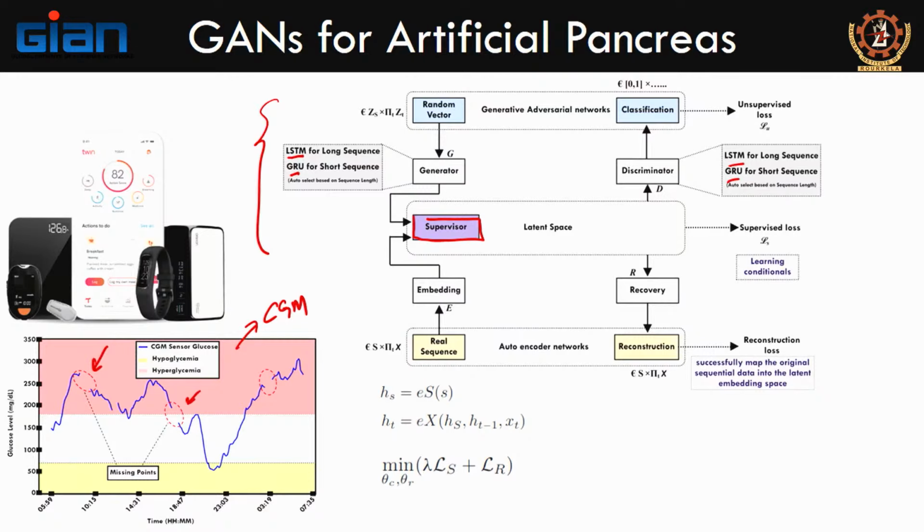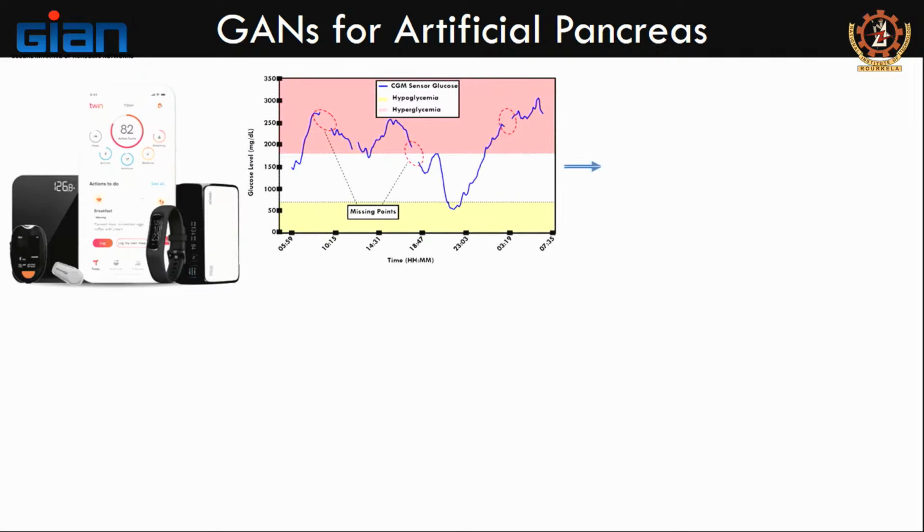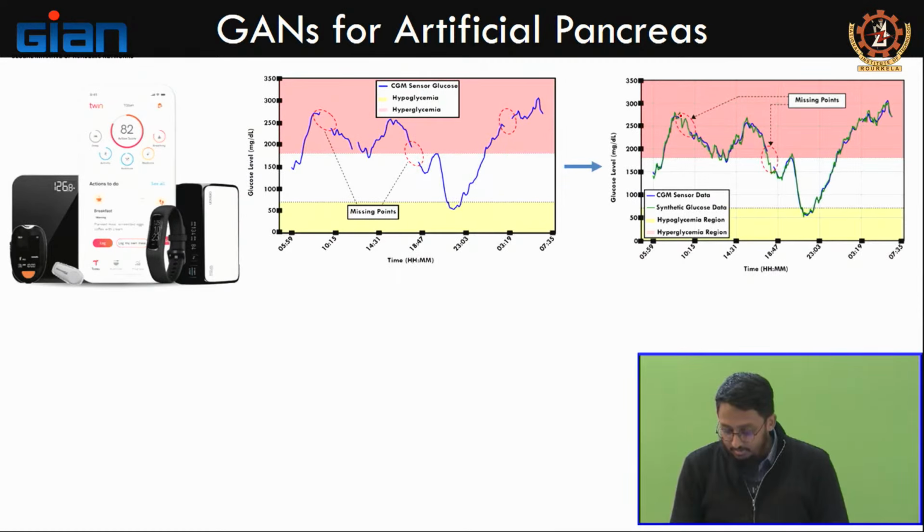So by using a combination of these two and tying it to the number of points that are supposed to be generated, we were able to map the generated points quite nicely. So essentially you will have this sort of a profile here, where if there are missing data points, the GAN model will replace the missing points.